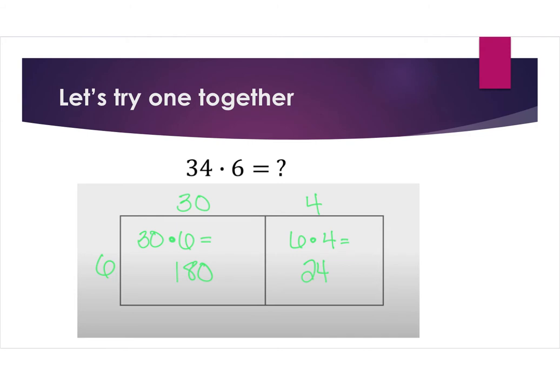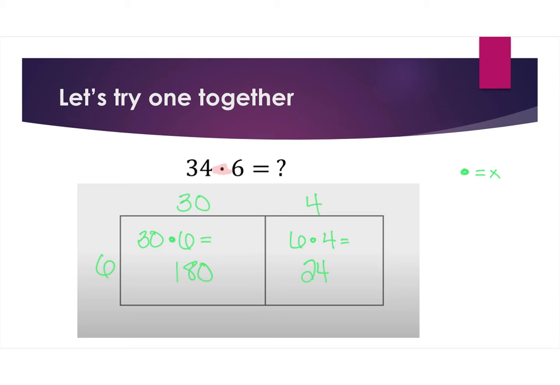Let's try one together. 30 times 6 equals question mark. One thing I'd like you to make note of, we are quickly changing our multiplication sign to a dot. So our dots for multiplication are the same thing as your X multiplication sign.